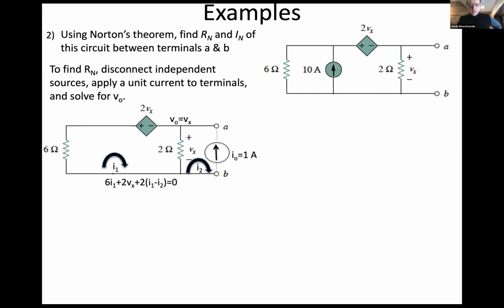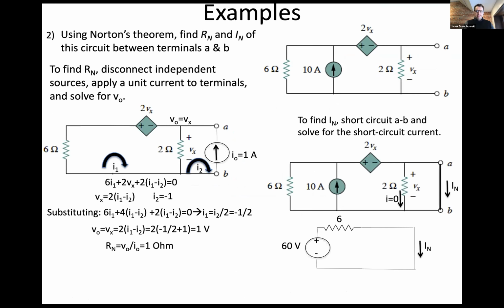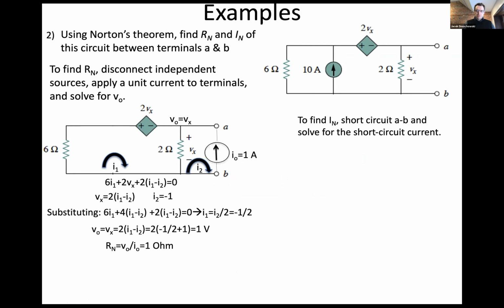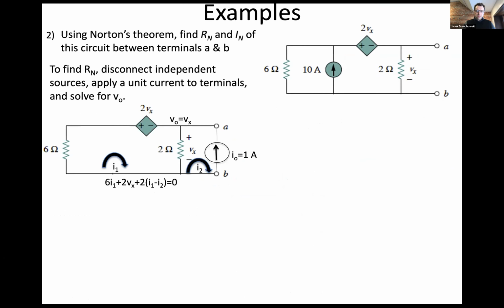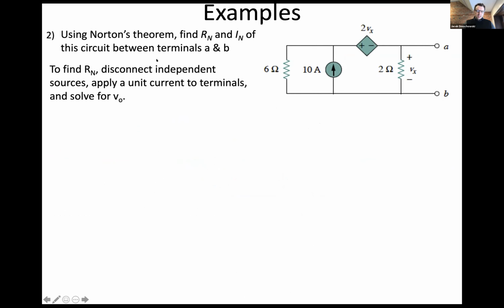All right, we are, oh, I didn't want to do that. Okay, use Norton's theorem to find Rn and In between terminals A and B, right? So step one is to find the Norton resistance.